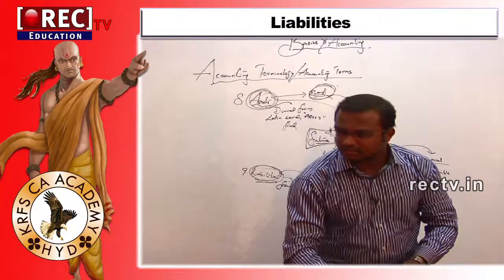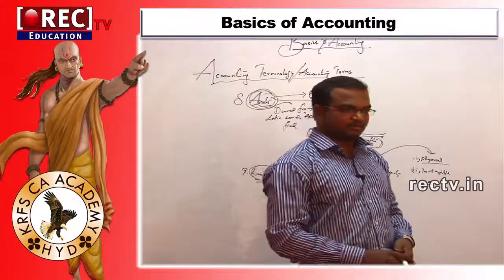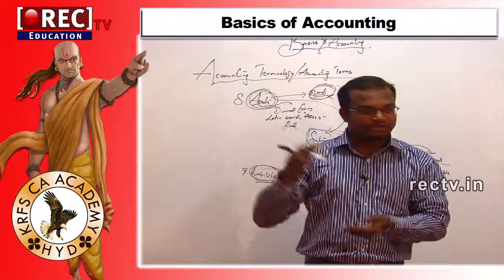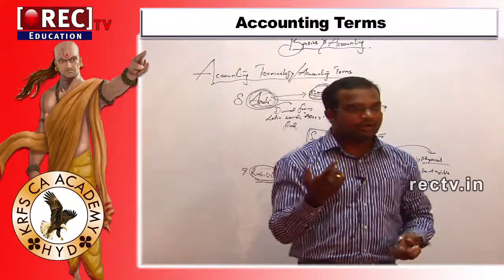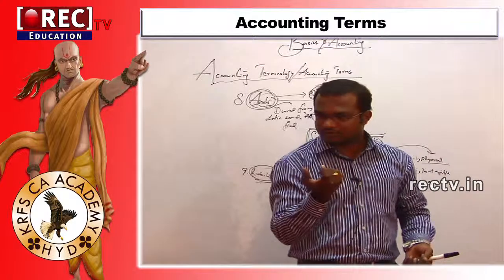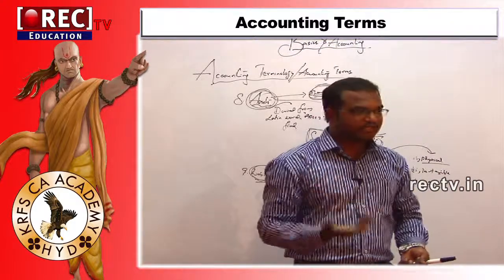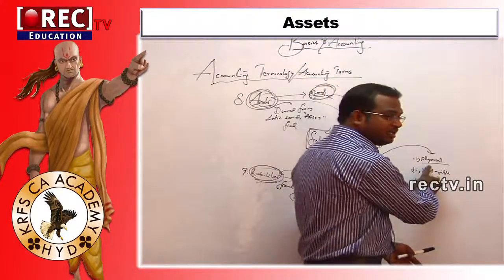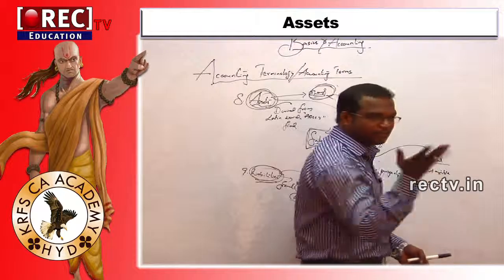Can you see and touch it? Yes, sir. Many of them ask the question, sir, cash we can only see in the balance sheet or in the account, how can we see and touch it? You are seeing the figure now? Go and ask the banker to pay the amount. He will pay you and keep it in front of you. Touch that. That means it can be seen and touched. This is physical. Which cannot be seen and touched?